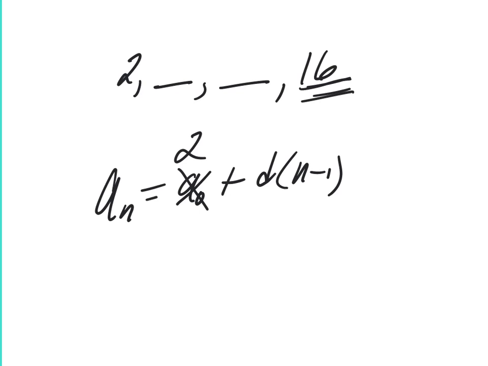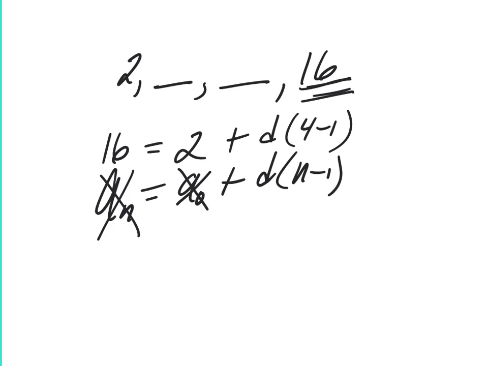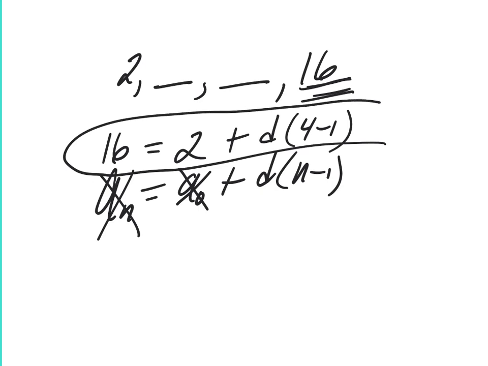So that would be a sub n, and that would be 16. You see what I'm doing here? I'm saying if a sub n is 16, then 16 is the fourth term, then plus, and I don't know what d is, right? But I do know that n minus 1 would be, if it's the fourth term, 4 minus 1. Do you get how I have an equation that only has d in it?